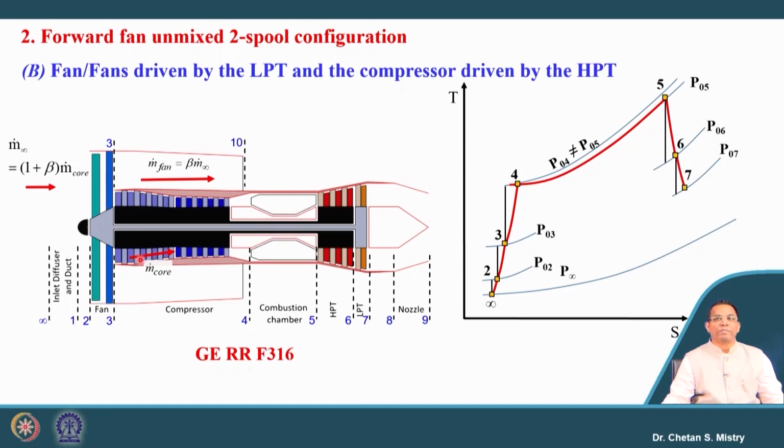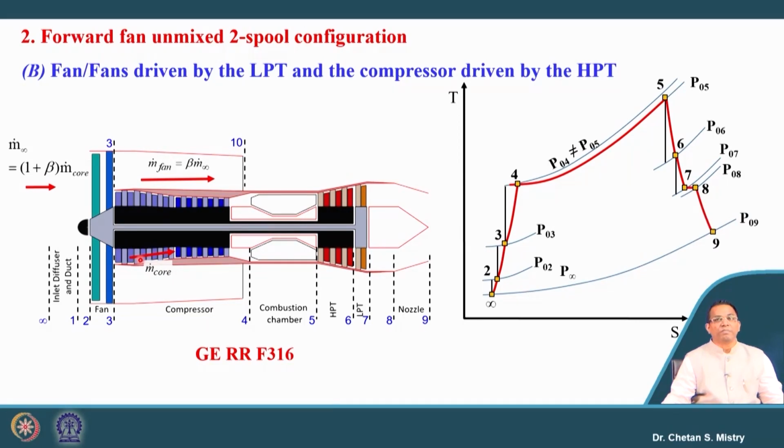This LP turbine process is represented from 6 to 7. We can have our tailpipe, where we will have a drop of pressure, represented from P07 to P08. The temperature will remain constant. So, T07 and T08 will be the same.